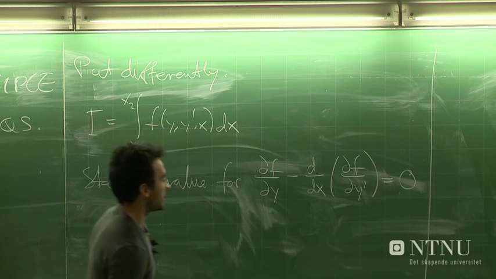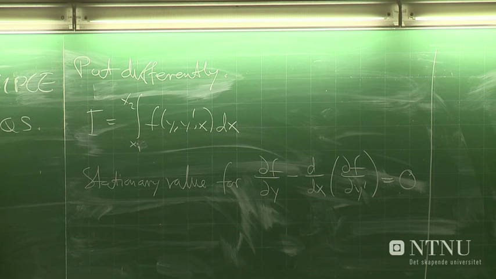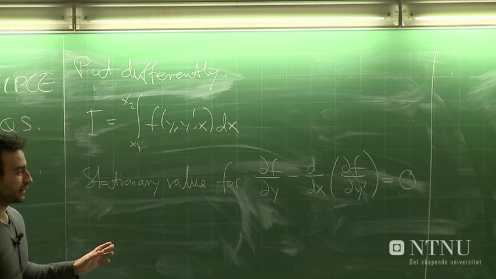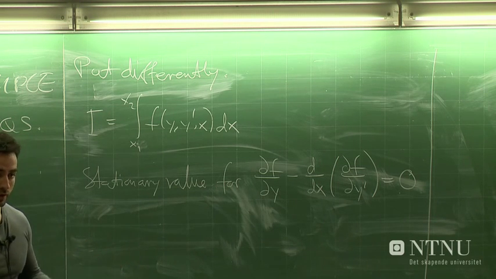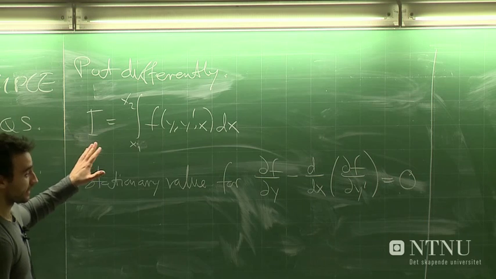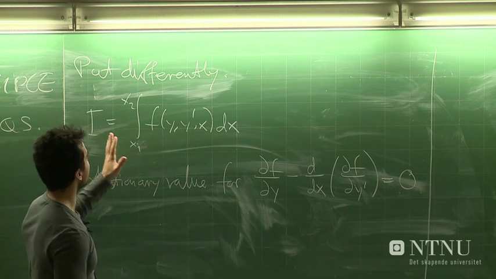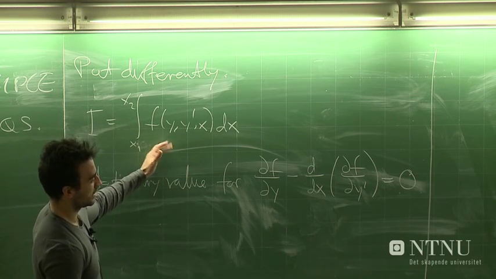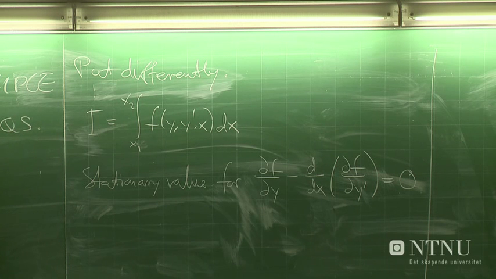So I promised you that we could find some use for this practically. Well, this would be of use anytime we have some quantity which can be written like this, which is a quite general form. It's an integral over a function that we want to find an extremal value for.